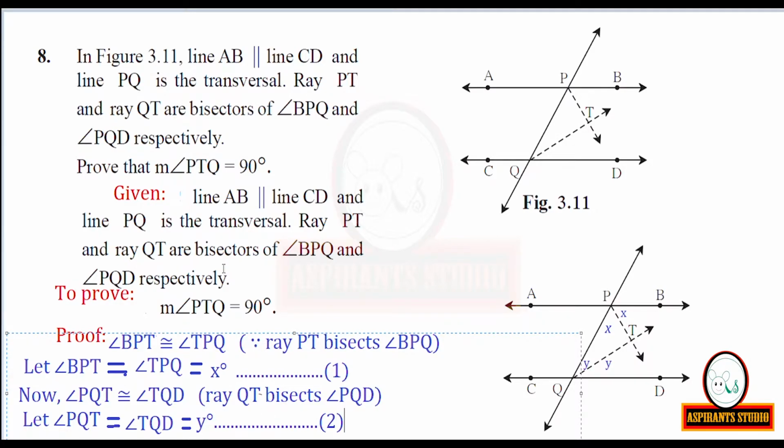And from the second equation we get measure of angle PQT is equal to measure of angle TQD is equal to y degrees. Now, line AB is parallel to line CD is given in the question and also line PQ is the transversal is given.